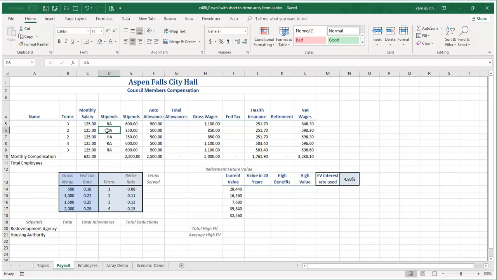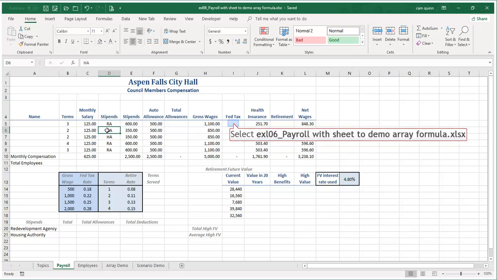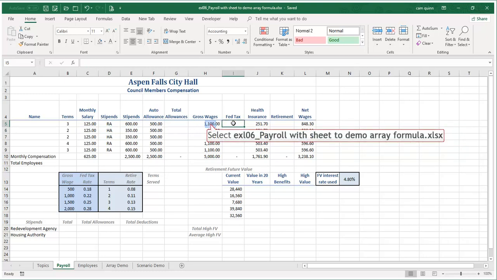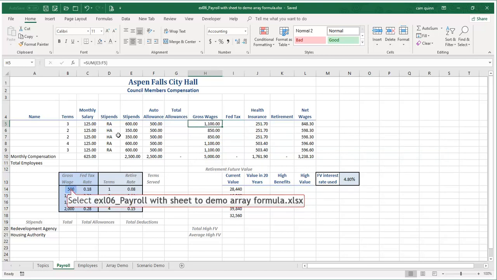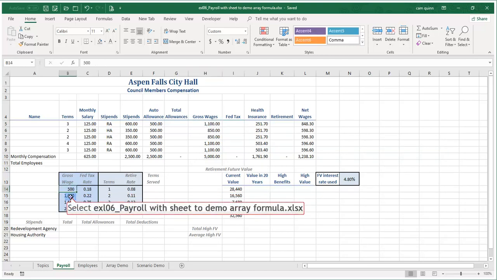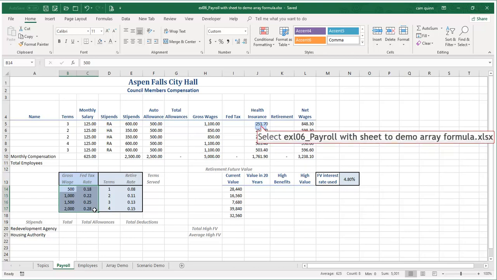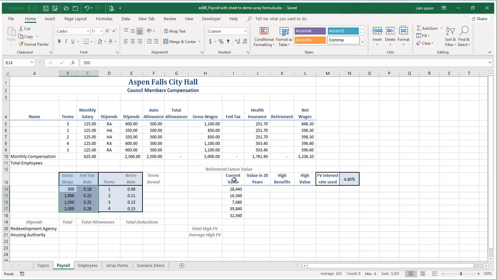Auto allowance, we're then going to calculate our total allowance. Our gross wages is how much money they're making in a particular week. The federal tax, we're going to use a VLOOKUP to look up the federal tax. So based on $1,100 a month, their taxes are going to be 22%. We're going to use, as I say, the VLOOKUP function to find their wages in that table to find the taxation rate that they're going to be charged.